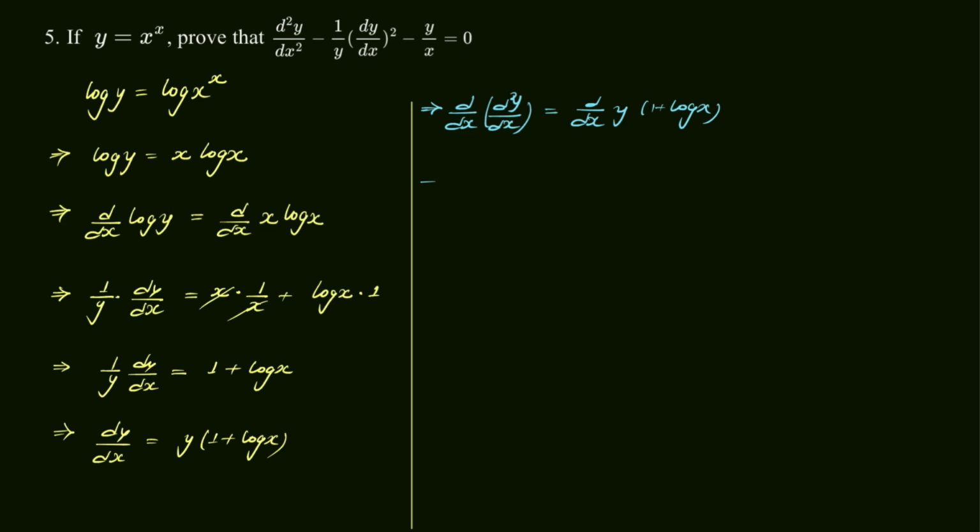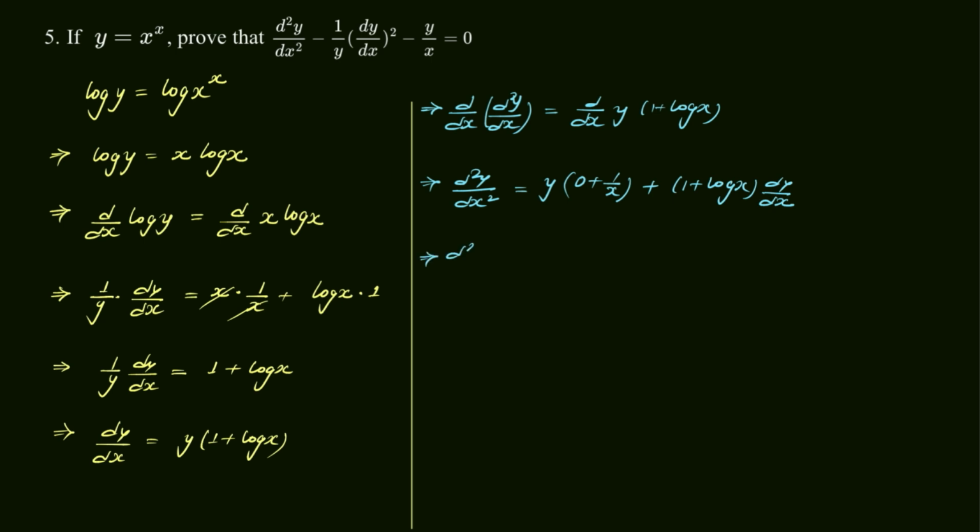This implies d²y/dx² equals, let us use the product rule again: keeping y at first and differentiating 1 plus log x, we get d/dx of 1 is 0 plus d/dx of log x is 1/x, plus keeping 1 plus log x first and differentiating y, we get dy/dx.